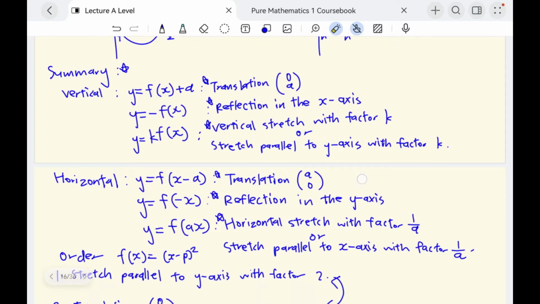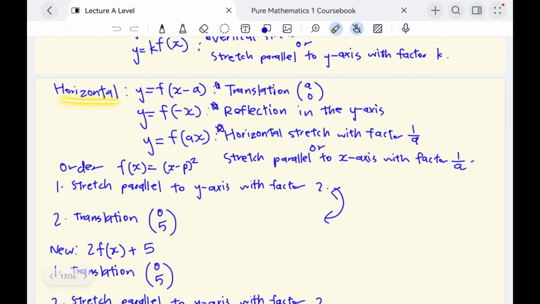Alright. For the horizontal transformation, if your domain of x changes with negative a, there is a translation of a0. Okay, this a is positive when you are given f bracket x minus a. For the reflection, you put a negative, there is a reflection in the y-axis.